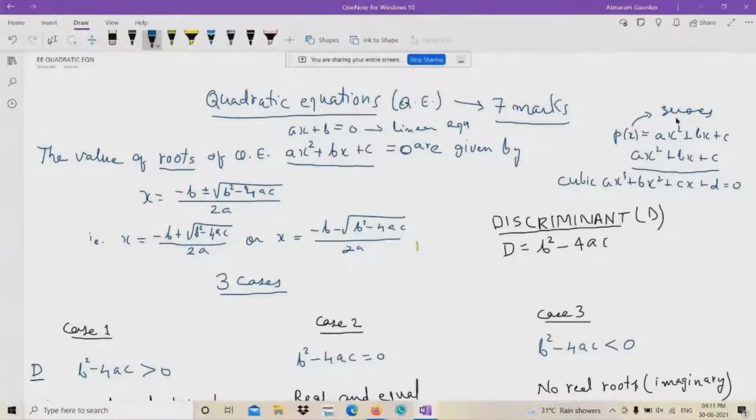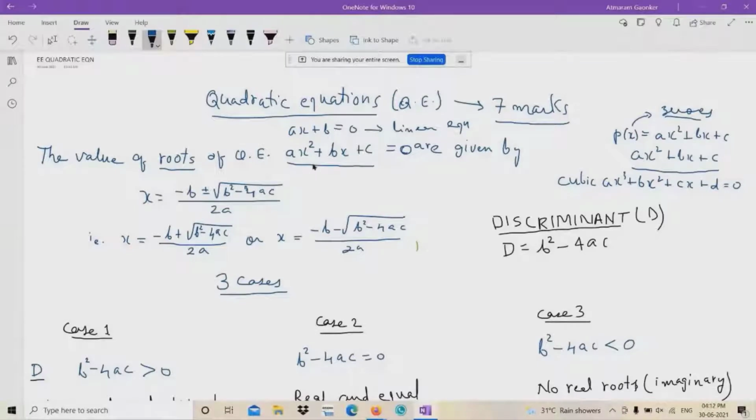Whatever we call the roots in quadratic equations, they are zeros in the quadratic polynomial. They are the same, because in both cases, when you factorize the given polynomial or the given equation, you will get roots and zeros. So whatever were zeros, we will now call them roots.